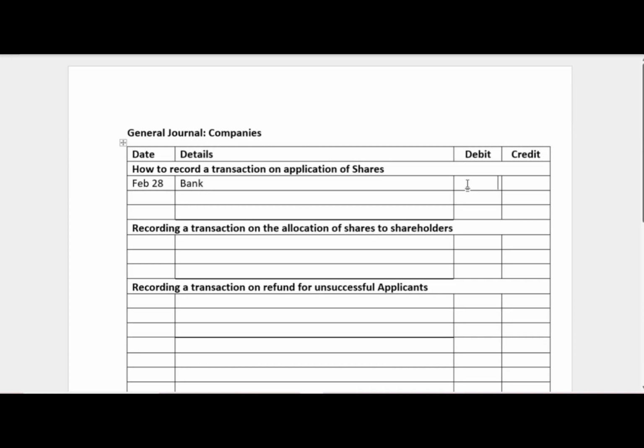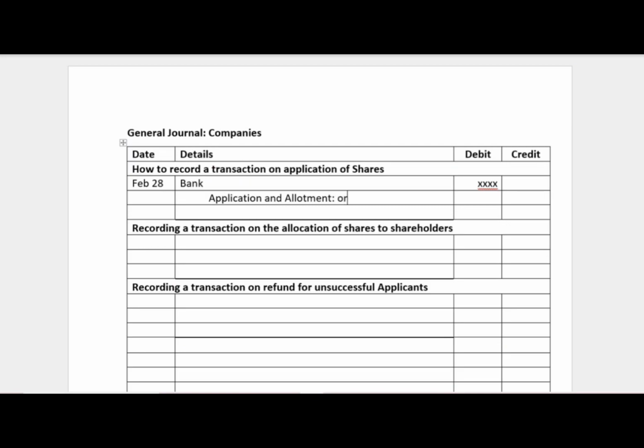And then after that, you're gonna credit application and allotment for those shares. So it can be application and allotment for ordinary shares.